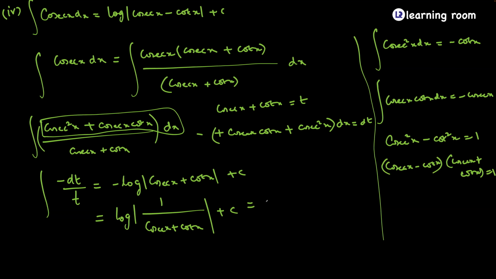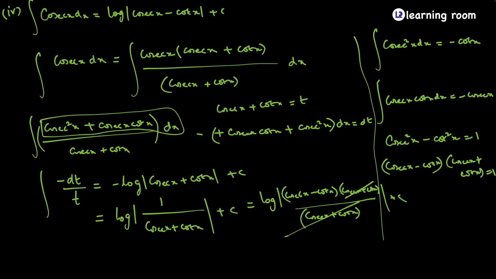So log of mod of cosecant x minus cot x into cosecant x plus cot x, the whole divided by cosecant x plus cot x, plus c. So cosecant x plus cot x and cosecant x plus cot x will get cancelled. So what am I left with? Log of mod of cosecant x minus cot x plus c.